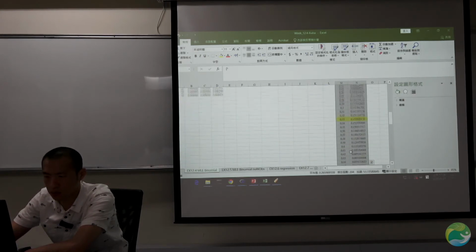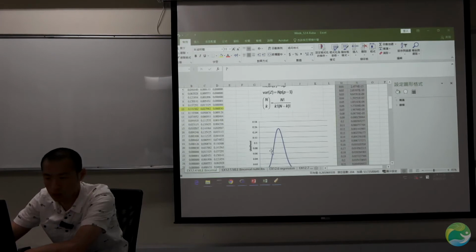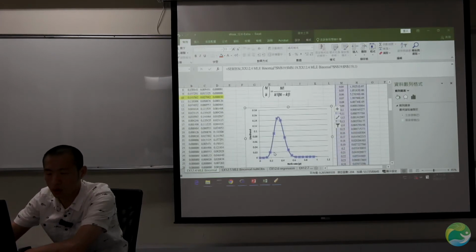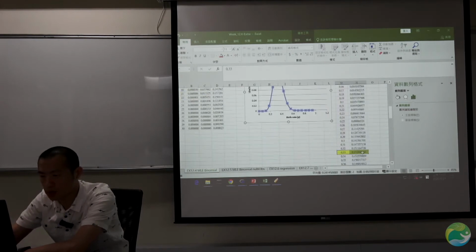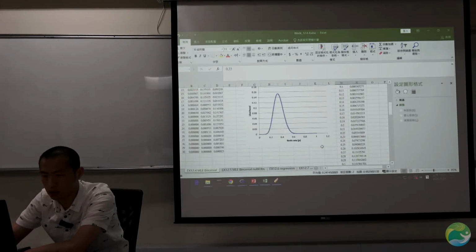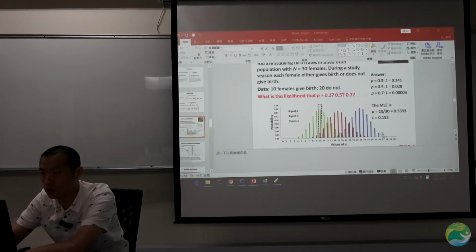Which value of birth rate gives the maximum likelihood? It's when the birth rate is 0.33. At 0.333 the likelihood is highest.